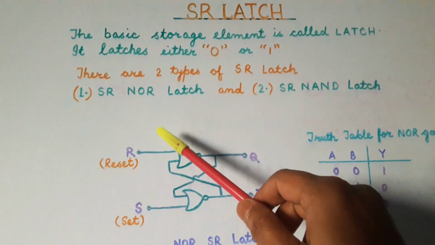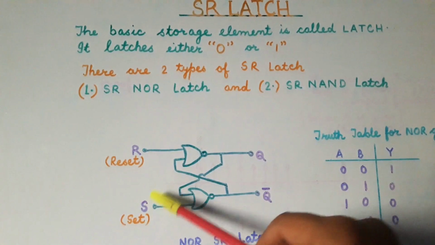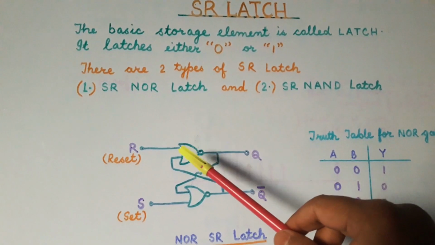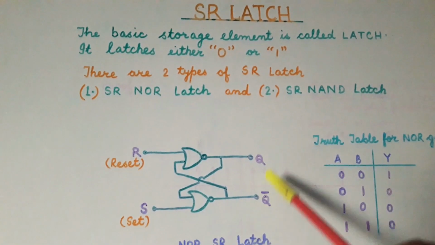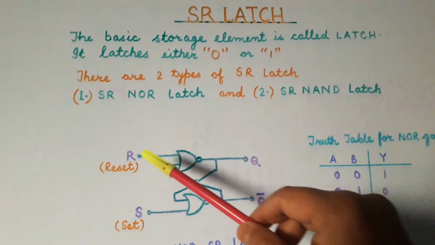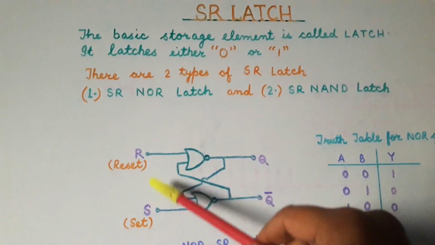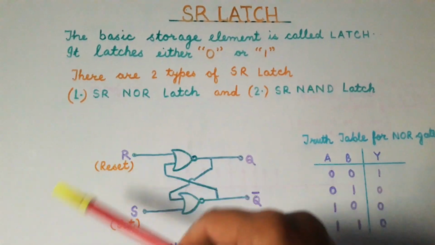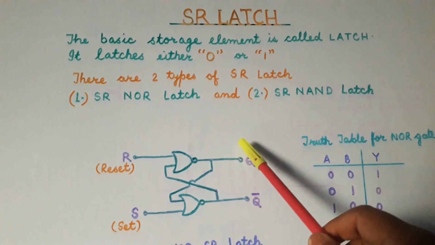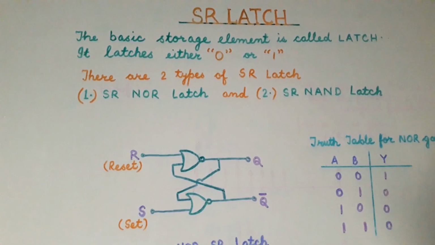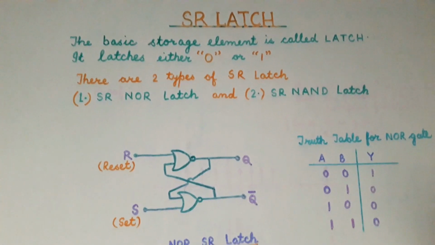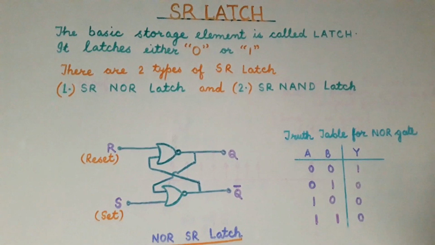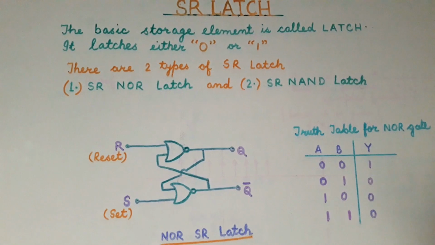In this circuit, if we change the value of the inputs S and R, then the stored data will get changed, as a result of which the outputs will get changed. Now this R and S can change accidentally or intentionally because we are using this circuit along with different circuits, and if R and S is connected to some output, then if that output changes, then the value of R and S will also change, as a result of which the stored data will get removed.